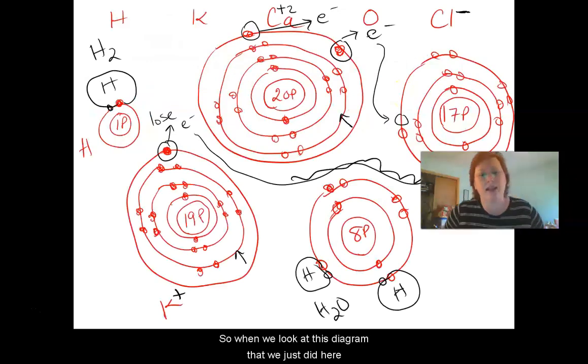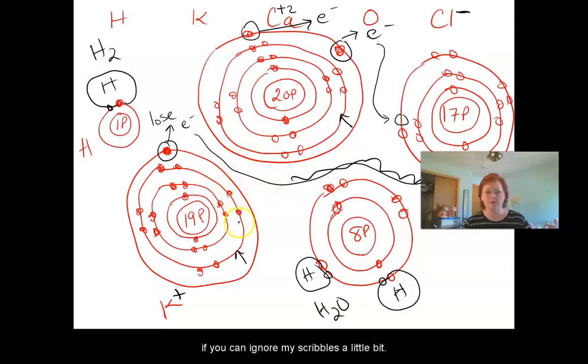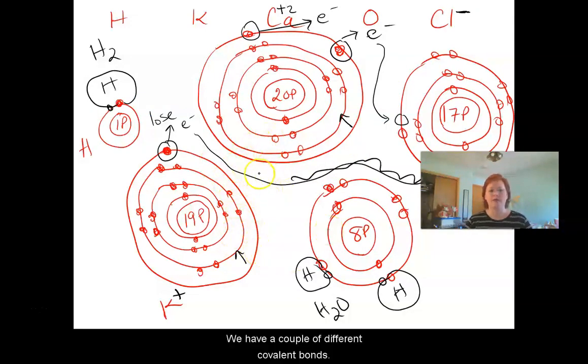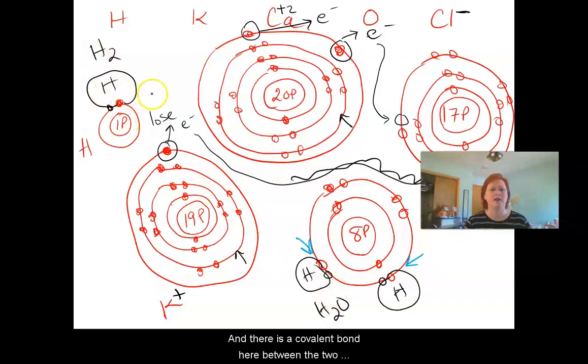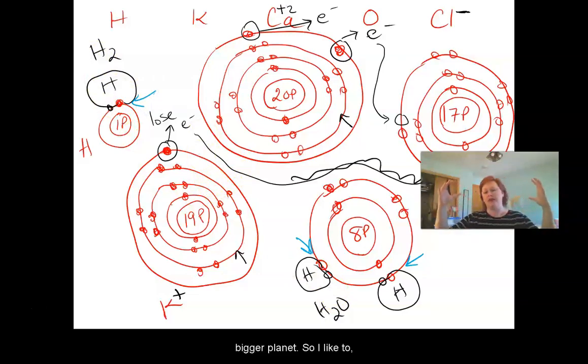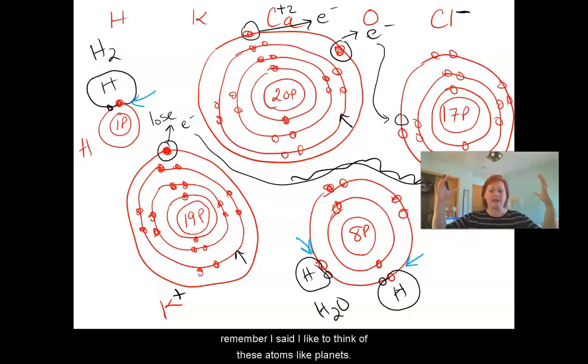So when we look at this diagram that we just did here, if you can ignore my scribbles a little bit, we have a couple of different covalent bonds. There's a covalent bond down here and here between the hydrogen and the oxygen, and there is a covalent bond here between the two hydrogen atoms. Now what happens is, when you have an atom that's really big, it's like a bigger planet. So I like to remember I said think of these atoms like planets.